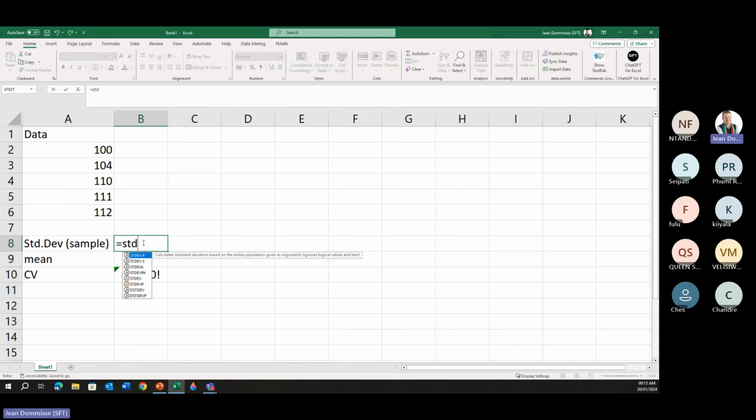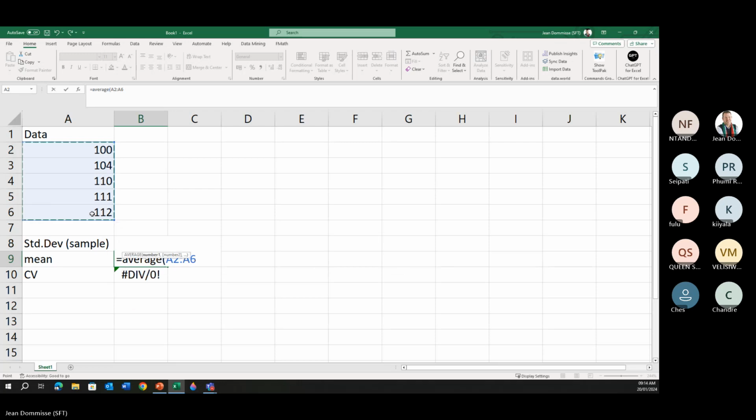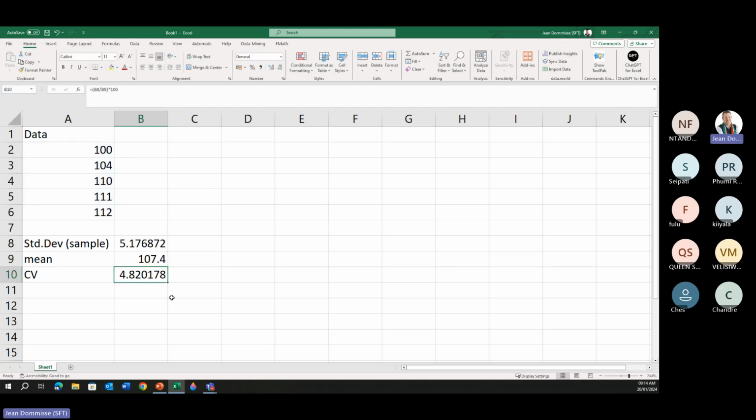So there is a standard deviation formula, population or sample. We work with sample. So that's your 5 numbers. And then there isn't a mean function in Excel, but the mean is the same as average. So there is an average function. Okay, and there we have standard deviation divided by the mean.